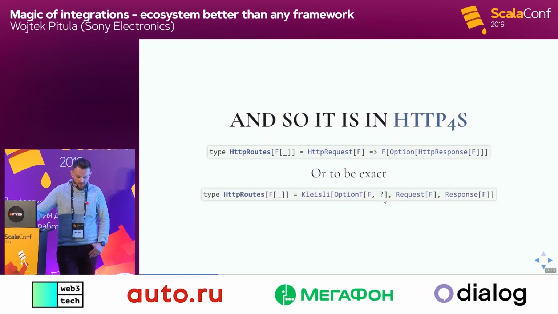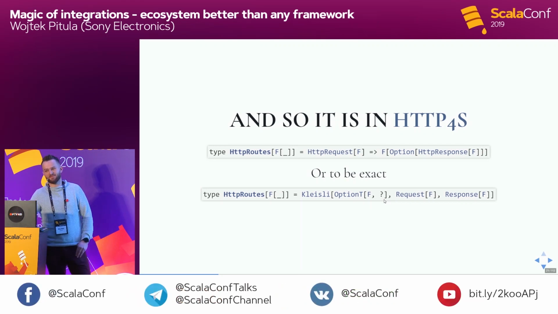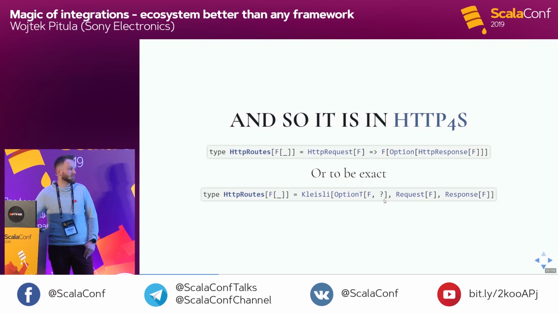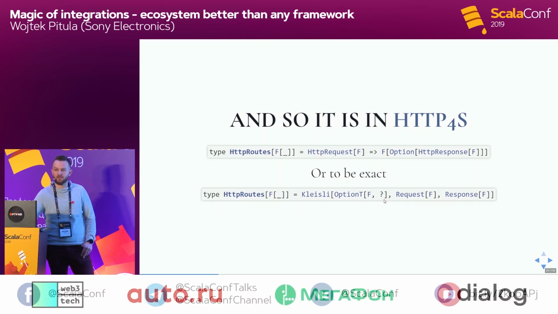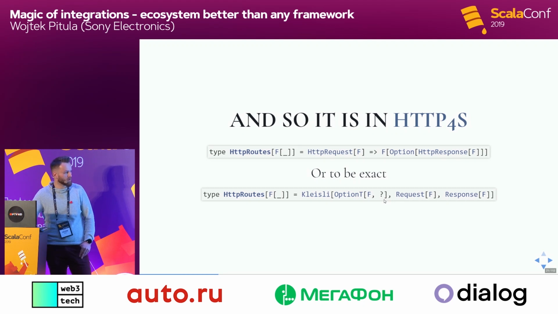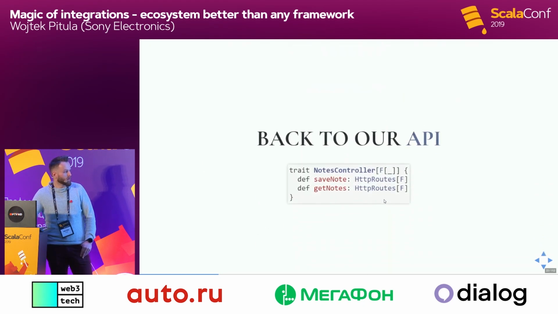Only that it's a little bit more complicated. If you look under the hood and inline everything, you end up with this Kleisli OptionT stuff, which may look a little bit intimidating, but it's just wrappers around what we had before. So semantically, it's the same thing.